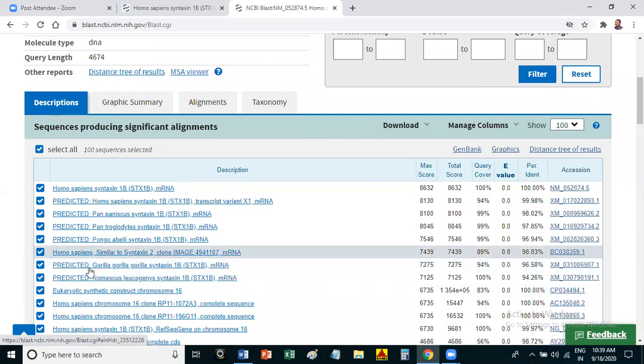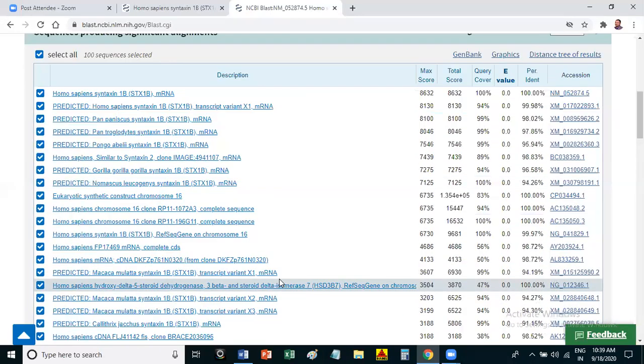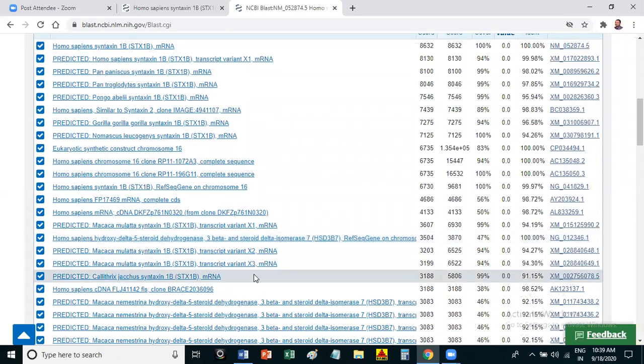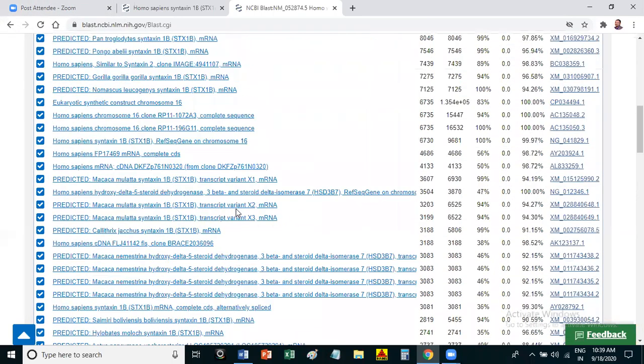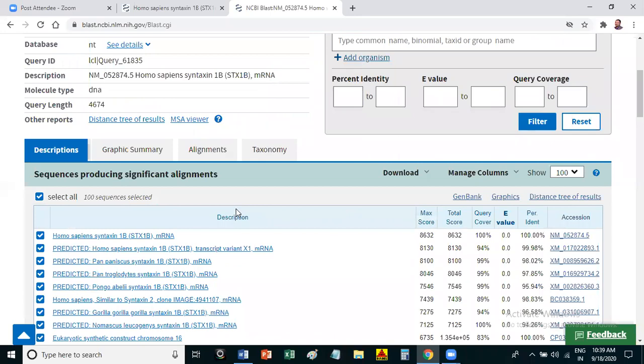So different organisms are there whose nucleotide sequence may have some similarity with us. All those things they will show you in BLAST, and from there we can tell about their evolutionary relationship. From gorilla, we are having some evolutionary relationship. With monkey, we are having some evolutionary relationship.